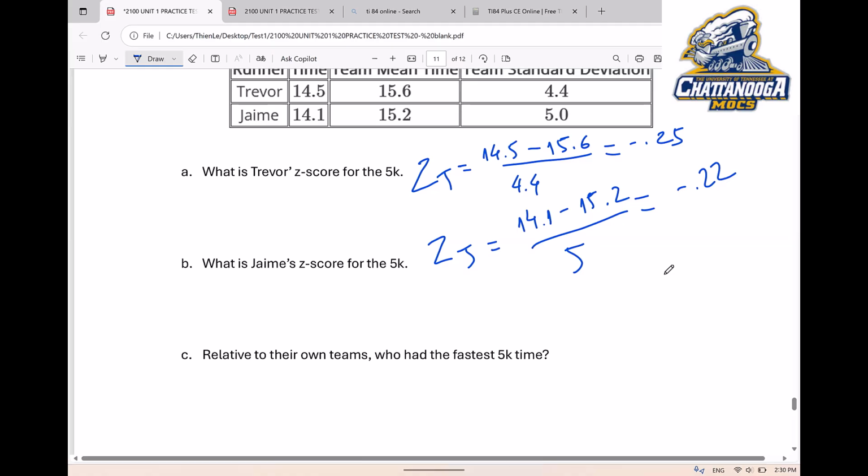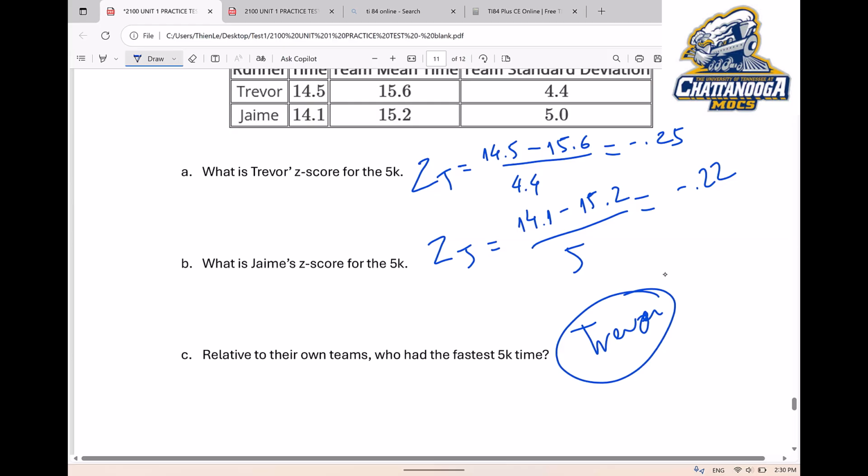Better means you run less time, right? So you can see Trevor is about 0.25 standard deviations faster than his team, but Jem is only 0.22, right? So this way, Trevor is better. Trevor.